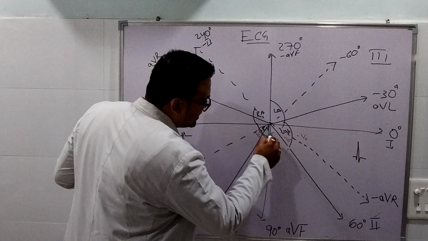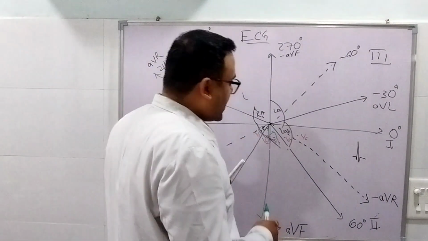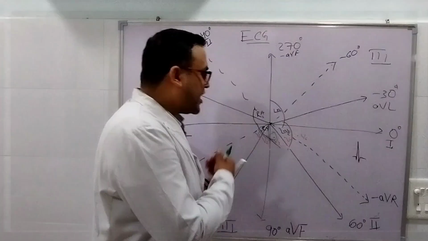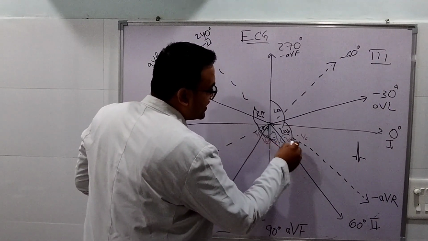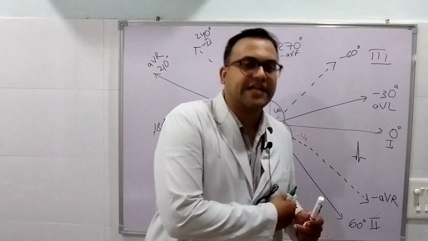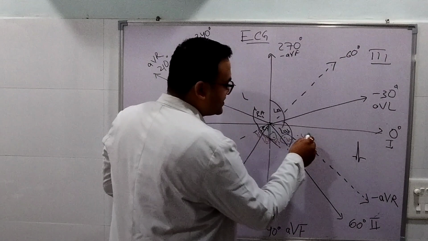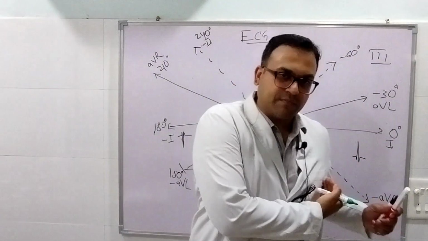Leads V3 and V4 are looking at the septum and anterior wall of the heart, and lead V5 is looking at the anterior wall and some part of the lateral wall, and lead V6 is looking at the lateral wall of the heart from the left side.